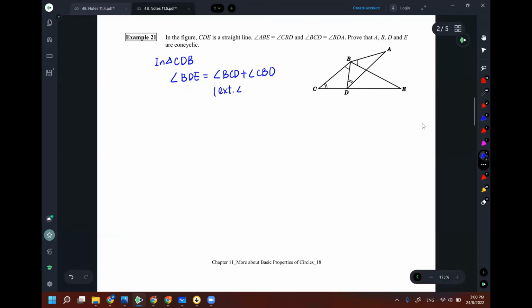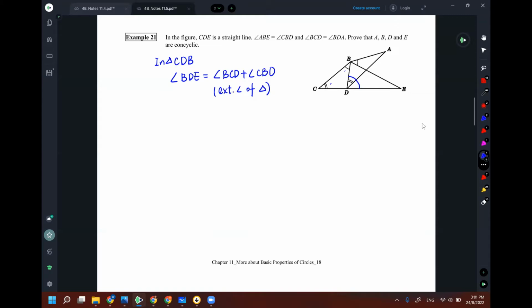Exterior angle of triangle. Right? This one equal to this one plus this one. Okay? That's one thing.